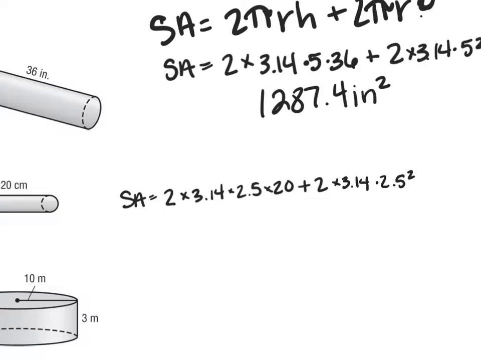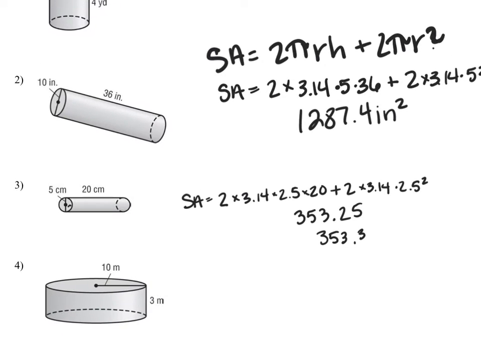Then we would get 353.25, which I would round to 353.3 centimeters squared.